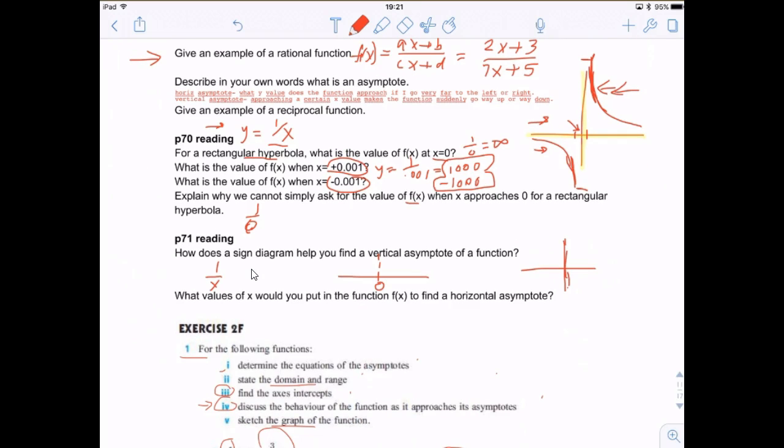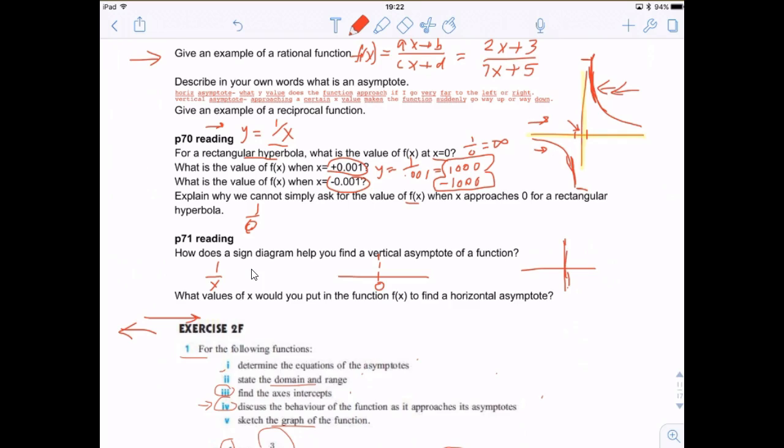What values of x would you put into the function f of x to find a horizontal asymptote? So basically, to find a horizontal asymptote, what you want to know is what happens when x goes really to the right or really to the left. And going really to the right means that basically you're putting a really big positive number in. Going really to the left is putting a big negative number in.